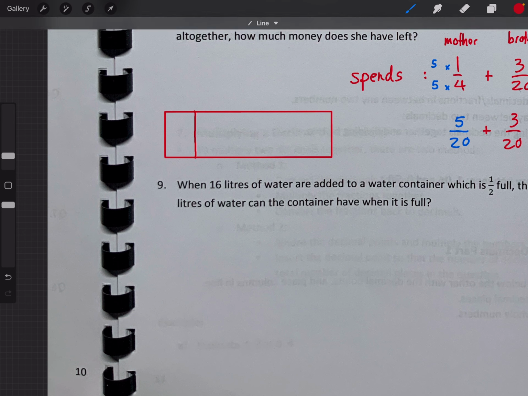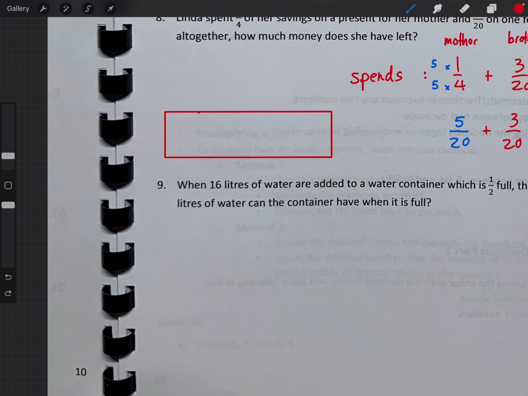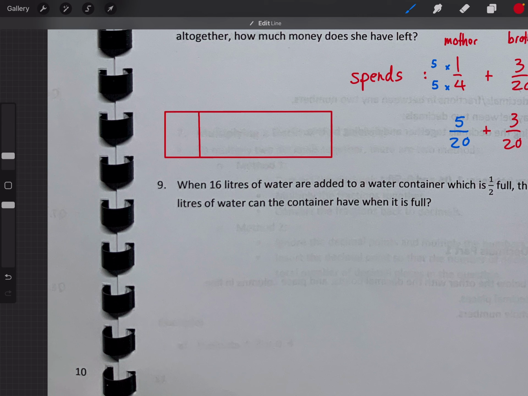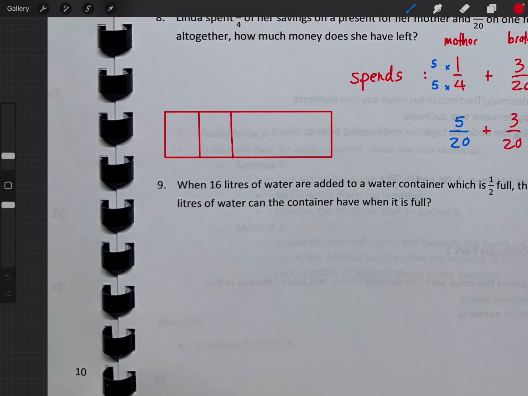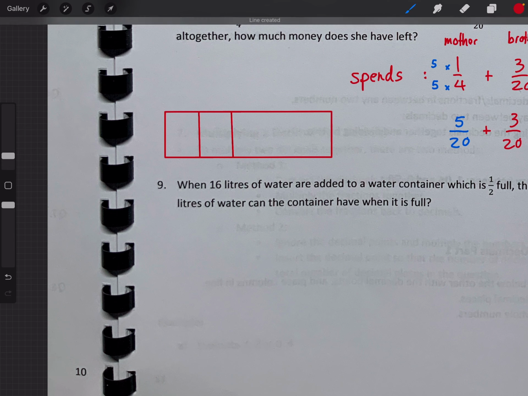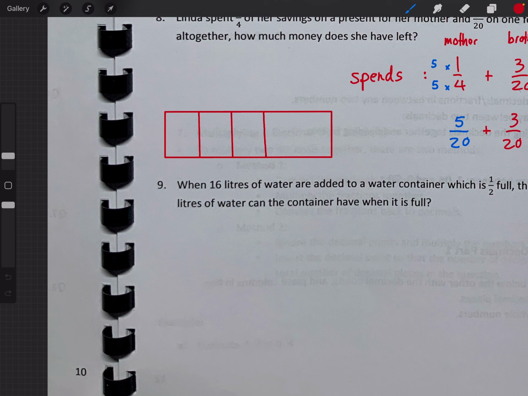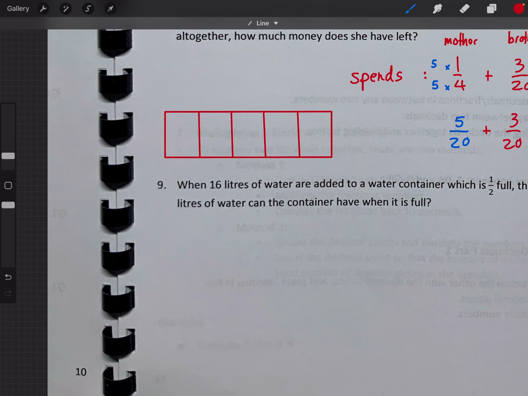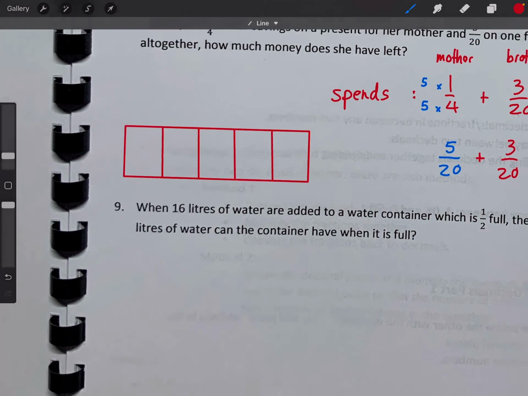Maybe here. 1, 2, 3, 4, 5. Alright. There, they look kind of the same, right?